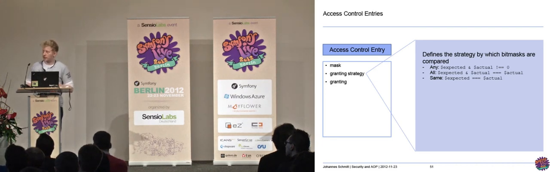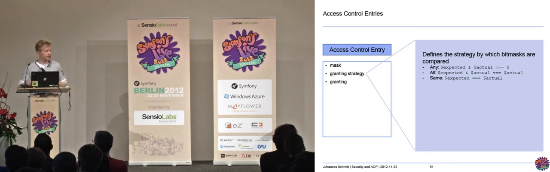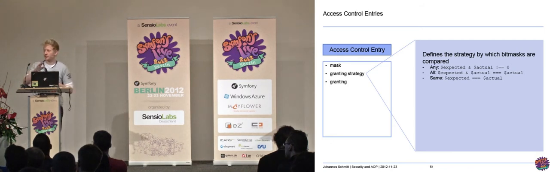The all strategy would check that the user has all permissions. If you use the any strategy, for example, if a user has the owner permission, then he would also be allowed to edit and view. If you use the all strategy and you check for the edit permission, you wouldn't have that inheritance. So an owner would not automatically be allowed to edit something.